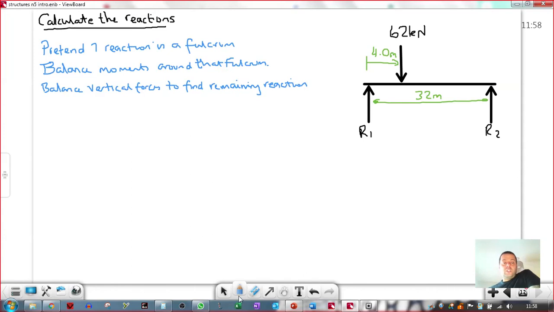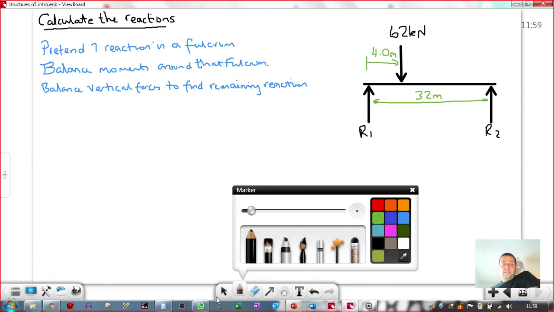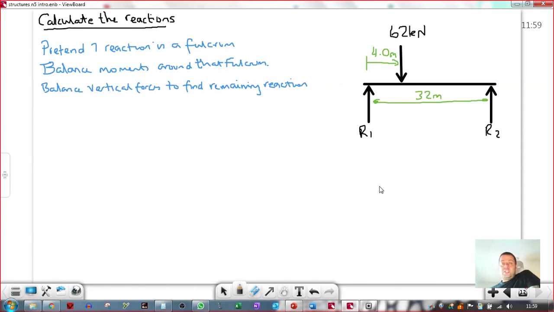Okay, so let's do these in order. We're going to pretend that one of them is a fulcrum. So let's say I'm going to take moments around R1 to calculate R2. That means I'm pretending that R1 is a fulcrum.